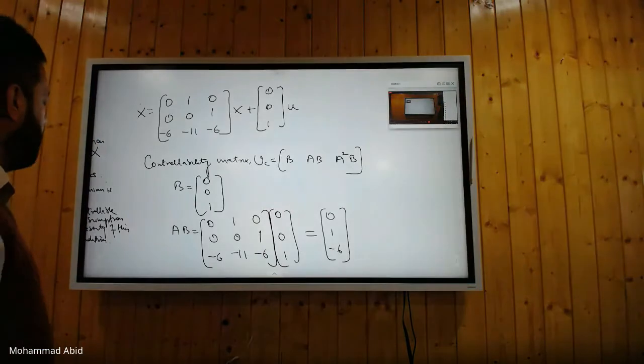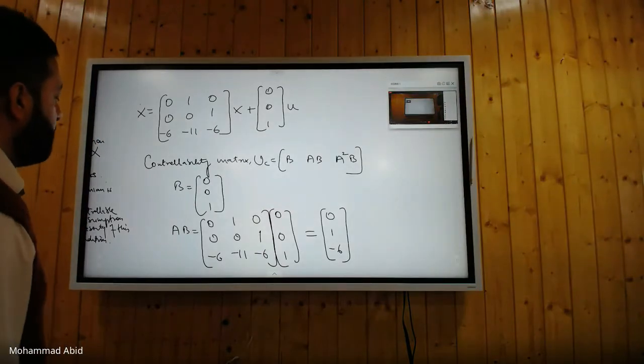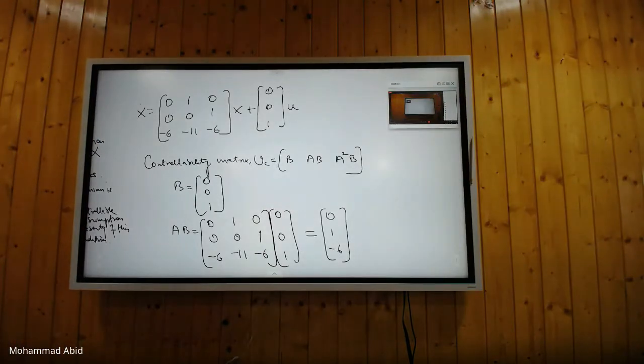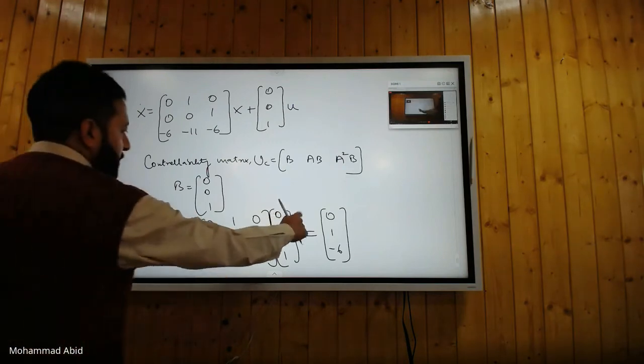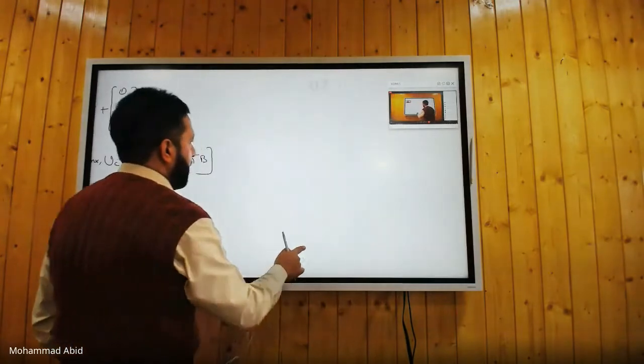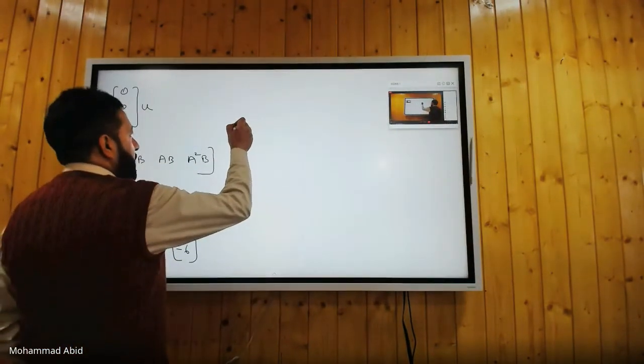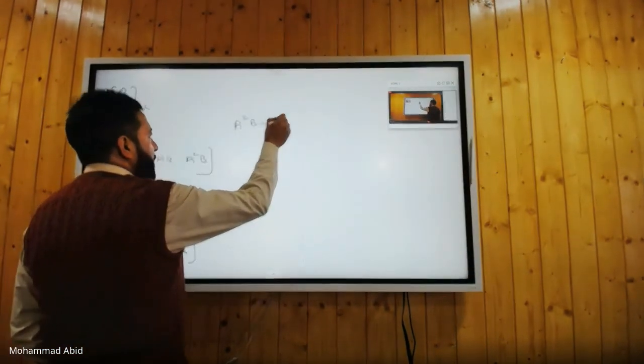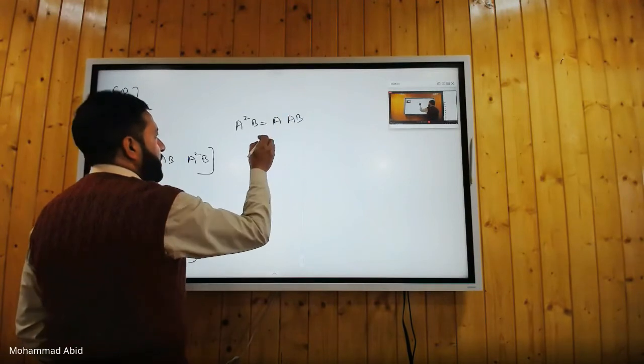ये तो हो गया AB। और A squared B क्या आएगा फिर? A squared B के लिए you will have A into AB, means ये जो यहाँ पे AB आया, you don't need to do A squared. A squared B will be actually A into AB, isn't it?